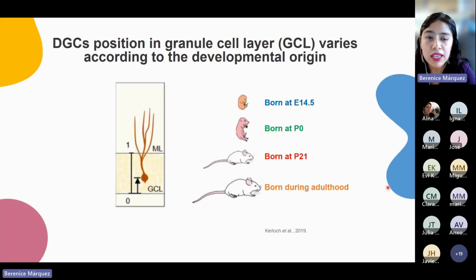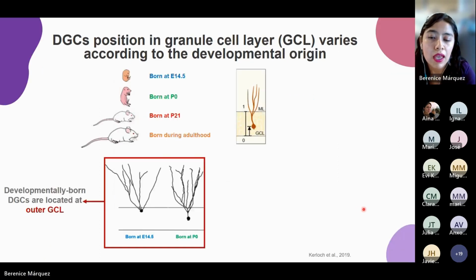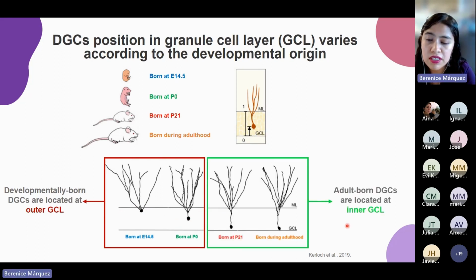In this regard, it has been demonstrated in rodents that the position and morphology of the dentate granule cells in the granule cell layer vary according to the developmental origin. The developmentally born dentate granule cells are preferentially located in the outer granule cell layer, whereas adult-born dentate granule cells remain in the inner granule cell layer.